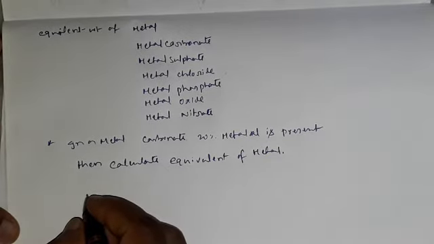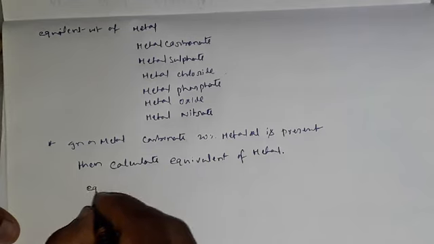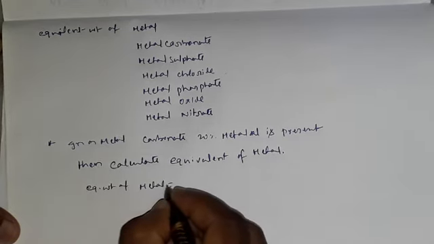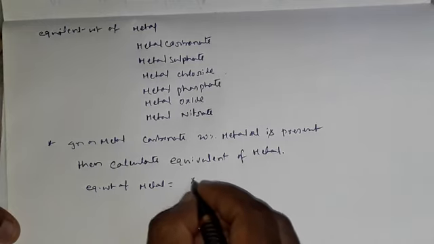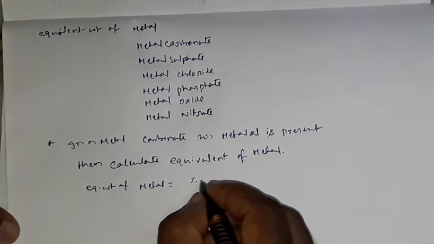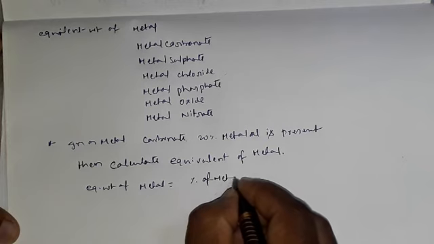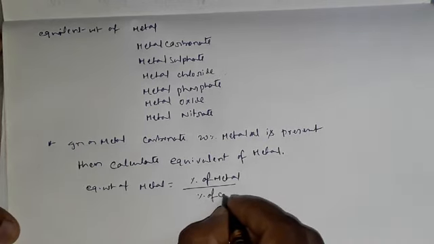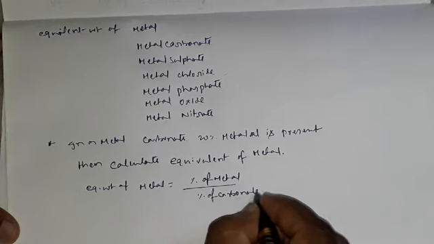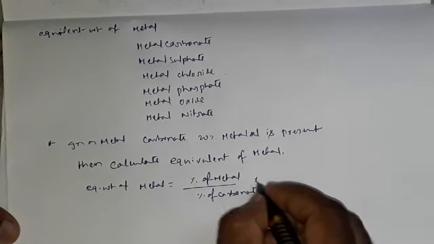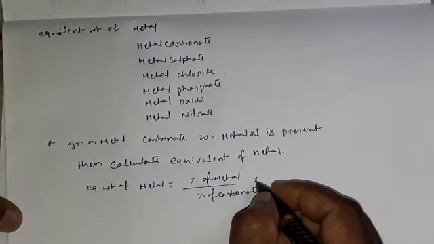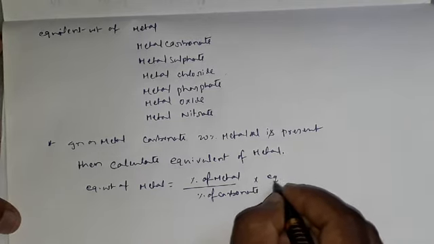So for this, the formula: equivalent weight of metal equal to percentage of metal by percentage of carbonate into equivalent weight.